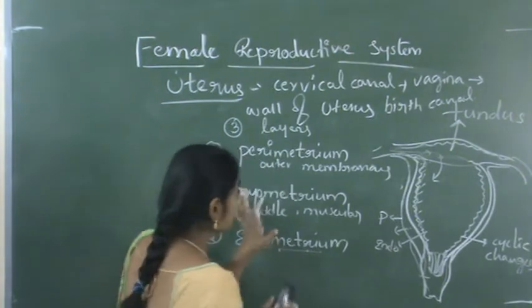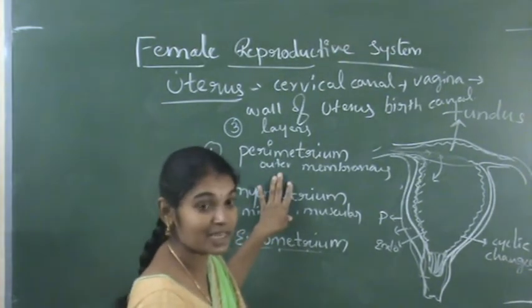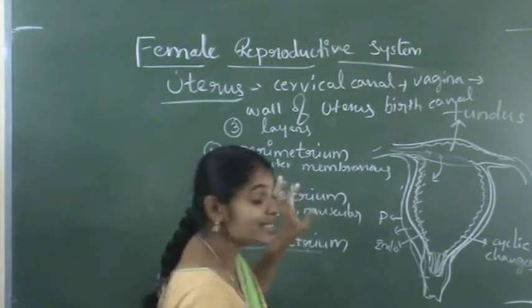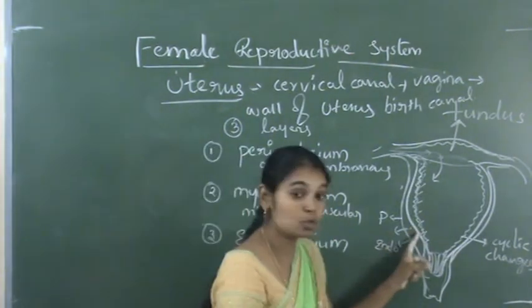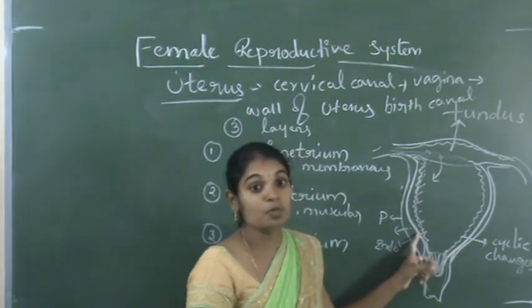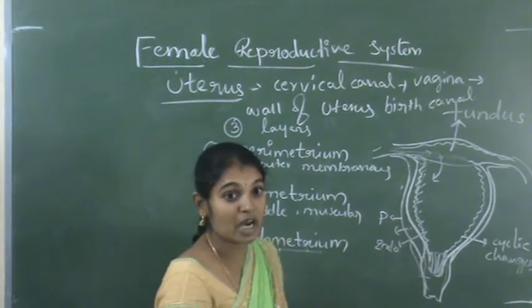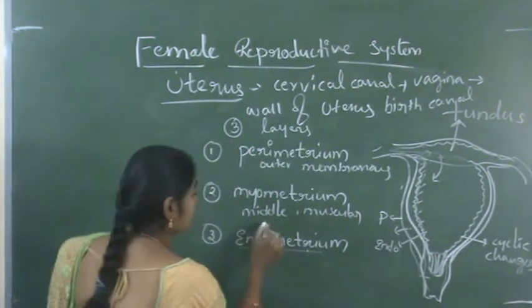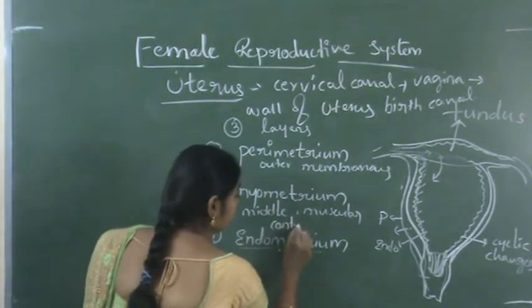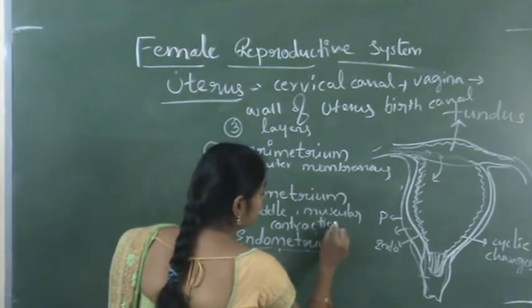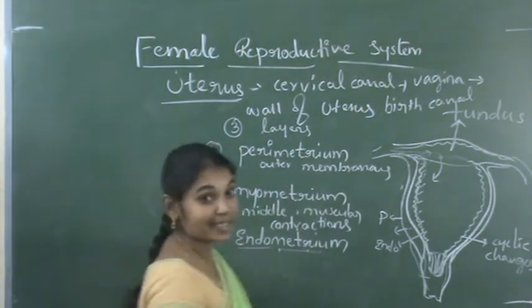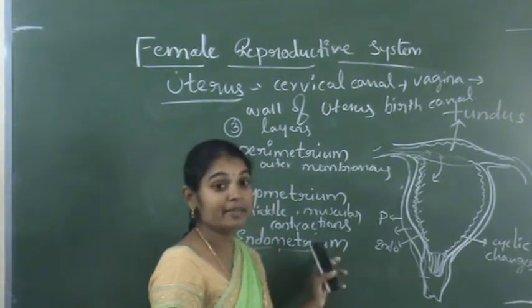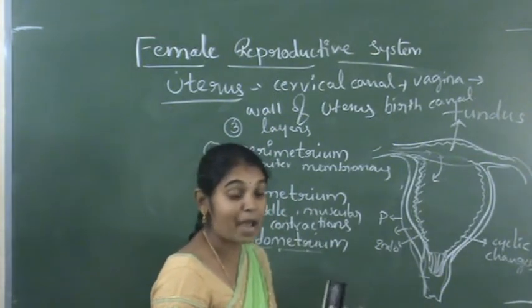And the function of the myometrium: as it consists completely of smooth muscles, these smooth muscles provide strong contractions of the uterine wall during parturition.